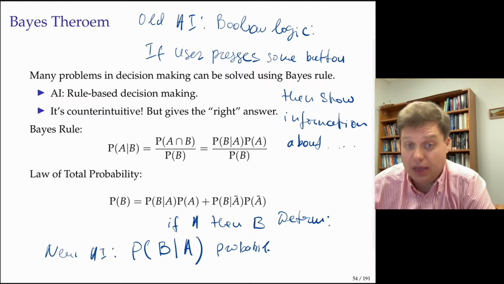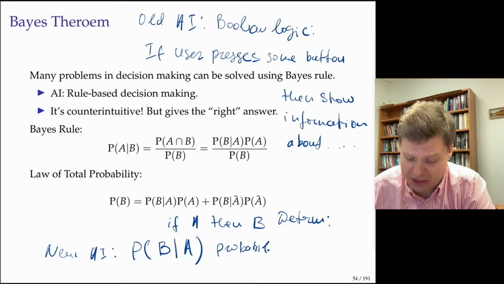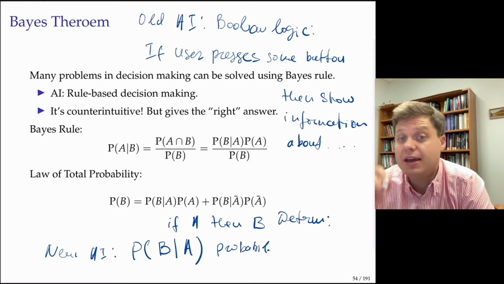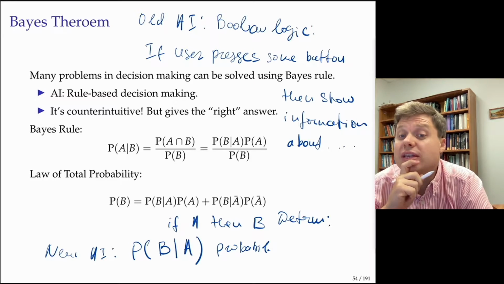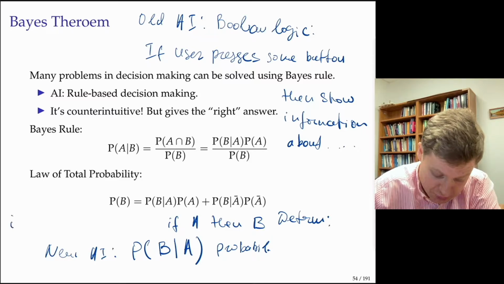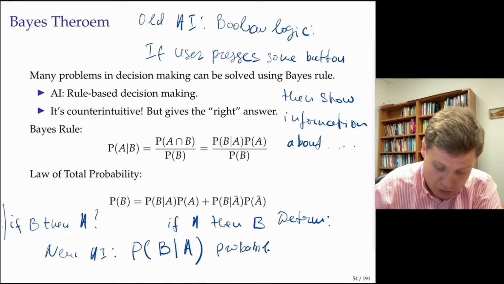Another difference, and this seems like another big deal, but it's actually quite important. If you have the statement if A then B, and you want to invert it, and say if B then A, then you cannot really do that. Boolean logic does not allow you to invert those statements.